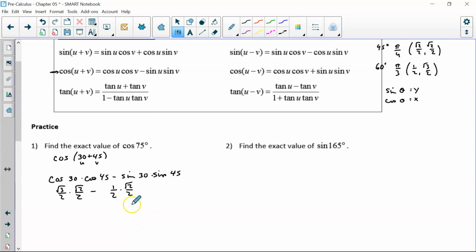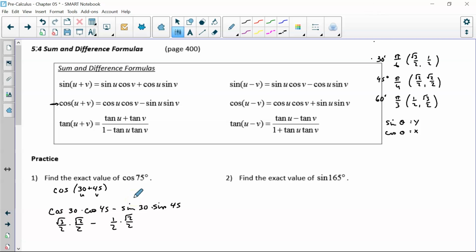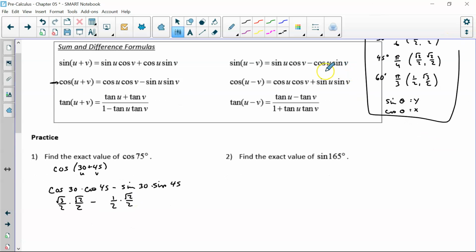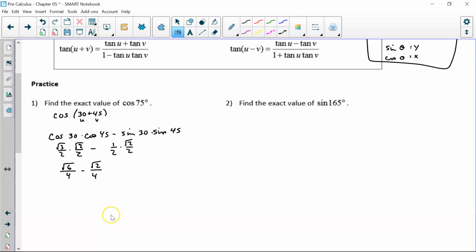So now that we have those values, we got them right from up here from our unit circle. Root 3 over 2 times root 2 over 2. Multiplying the radicals, you get the square root of 3 times 2, which is 6, over 2 times 2, which is 4, minus 1 times root 2 is root 2 over 4. Now, we can't really do a whole lot with this.